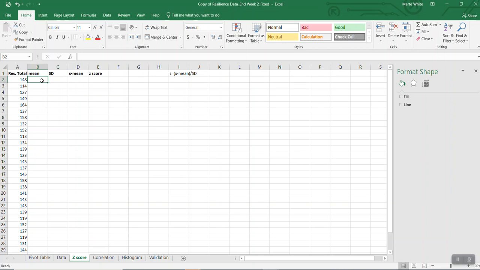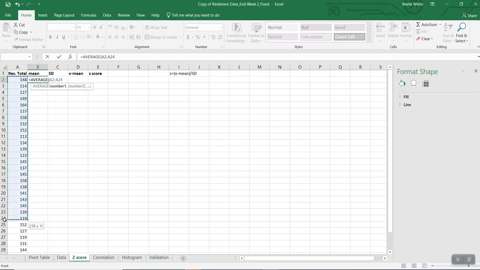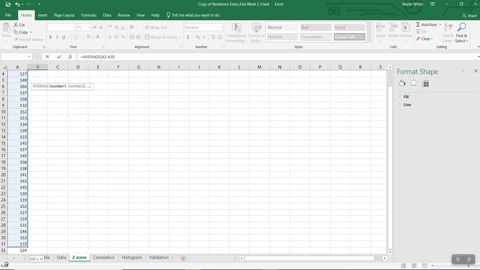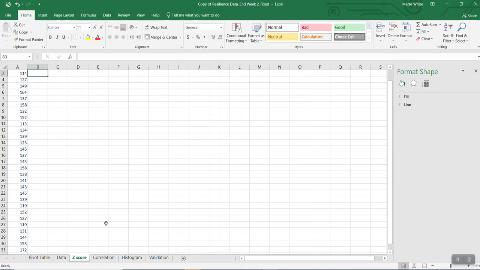By now you probably remember how to find the mean. It's equals, type in the word average. As soon as the average pops up, double click and highlight the numbers, not the label this time, just the numbers. Make sure you get all of them, and then hit enter. And then I have my mean.